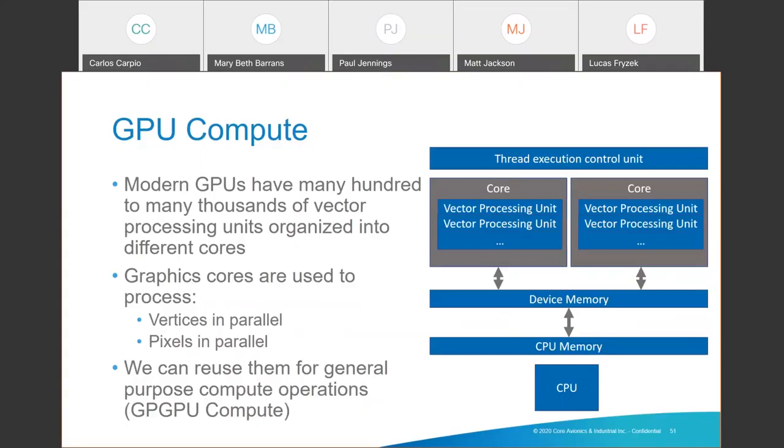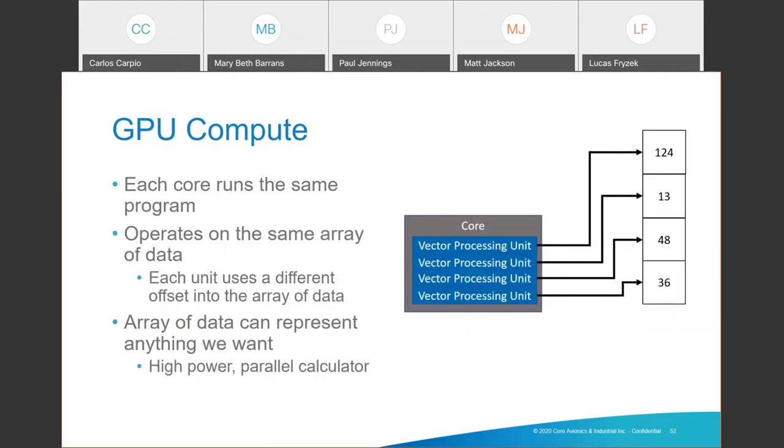But we can also repurpose them to do any kind of general purpose computation on a modern GPU. And really the idea here is that each core is going to be running an identical program, and the vector processing units in that core are going to operate on a common array with different offsets into that array. So you'll have one core running an identical program where the first vector processing unit is going to operate on the first set of data, the second one on the second set, and onwards.